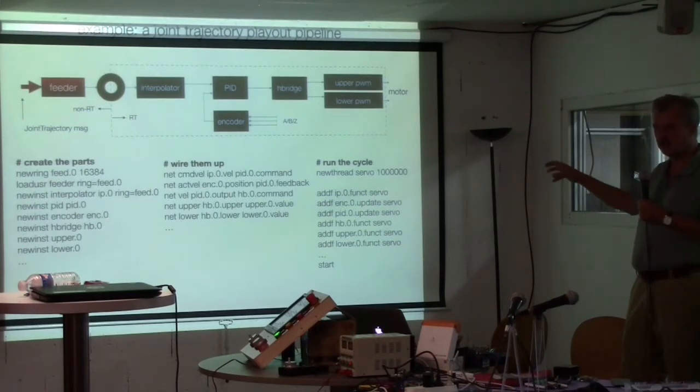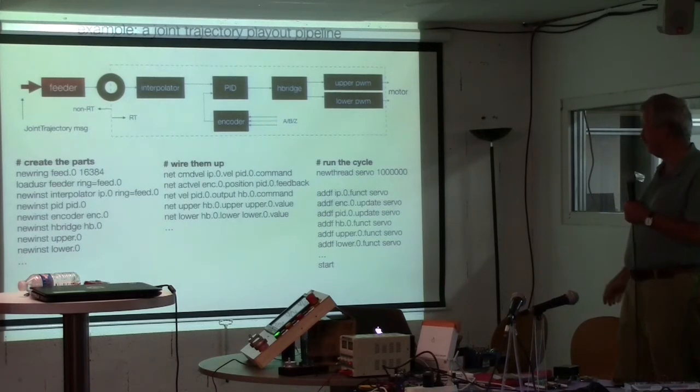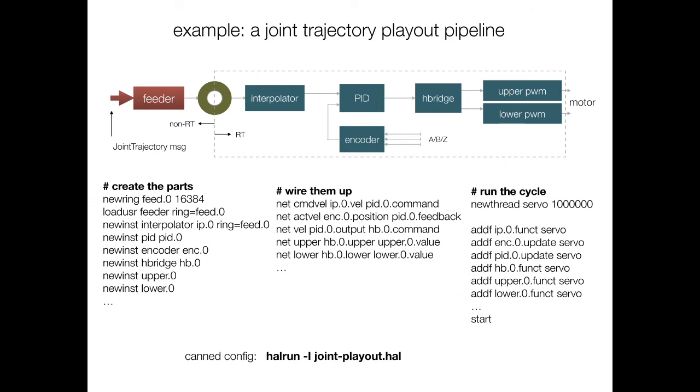This is a very low jitter thread. You give it a rate, which is in that case 1 million nanoseconds or a millisecond. Then you add the functions to that named thread, and at the last step, you start it, and that releases execution.